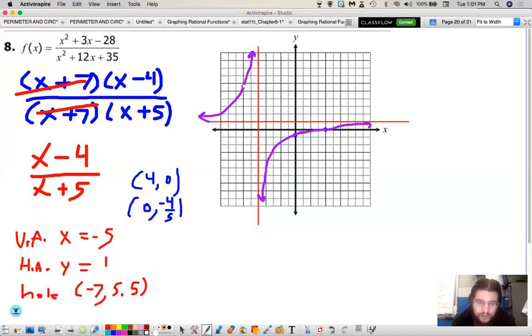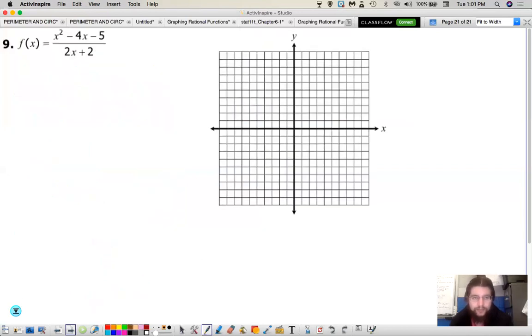Let me actually do this. And now I have myself a hole. There we go. So again, just take it piece by piece. It's kind of monotonous here. Let's see what this turns into.